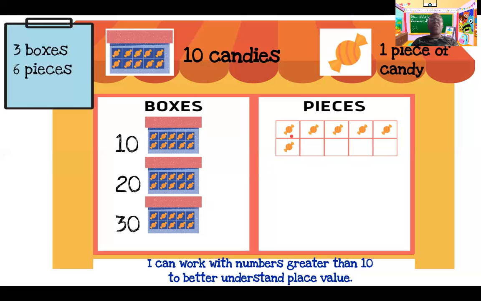So after the number 30, what is the very next number that you get to? 31. Exactly. Let's keep counting. 32, 33, 34, 35, 36. So how many candies is our customer buying in all? That's right, 36 candies. Great job, littles.